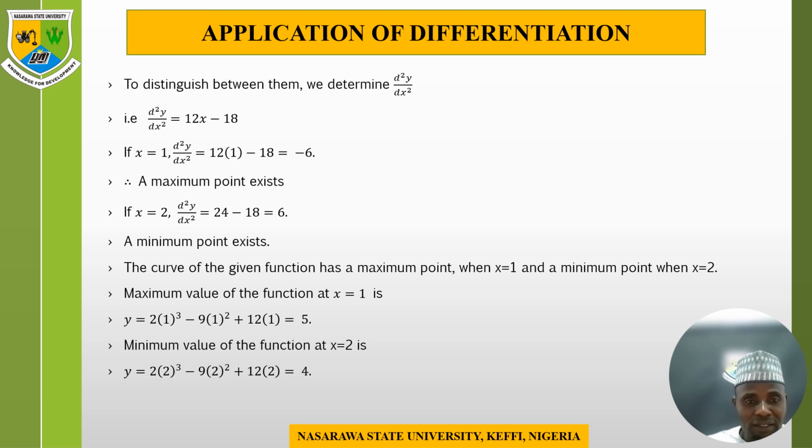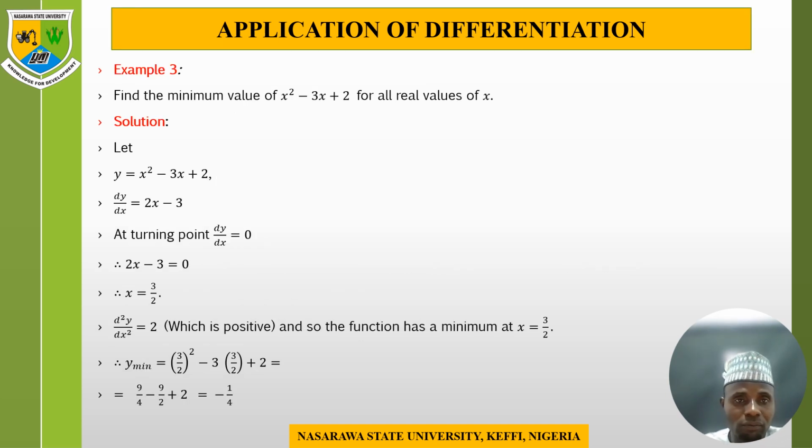Then to find the minimum value of that function, we know that the minimum occurred when x is equal to 2. So we substitute it into the original and simplify. So the maximum value of the function is 5 when x is equal to 1, and the minimum value is 4 when x is equal to 2.